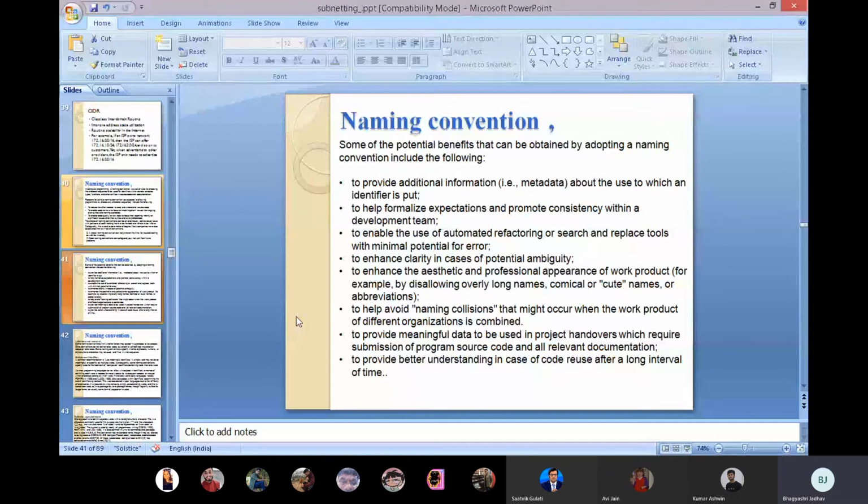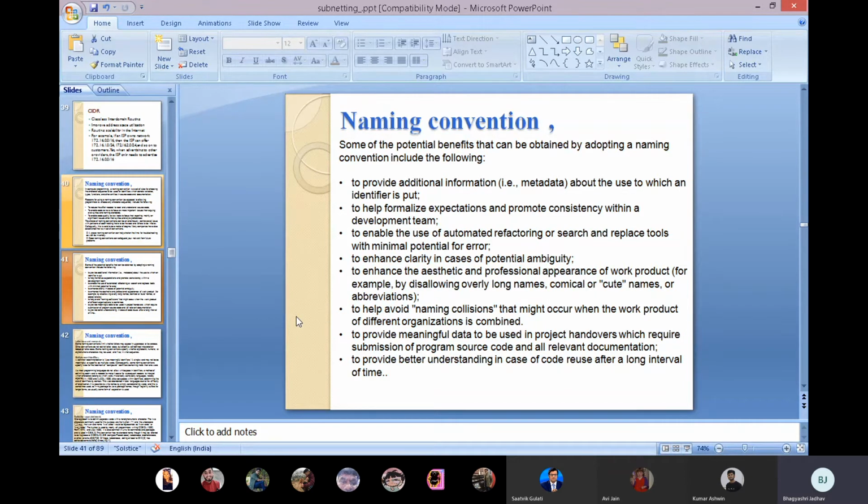Once we read it, we can understand that this is the data for one subject or another. In the same way, we use naming conventions in networks to provide additional information, such as identifiers. Another benefit is to help formalize expectations and promote consistency within a development team.